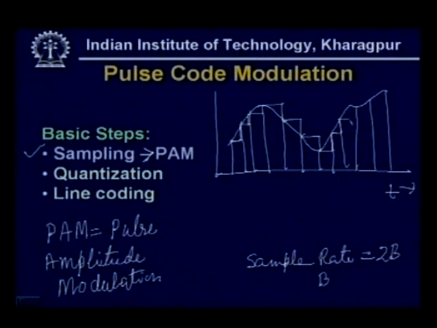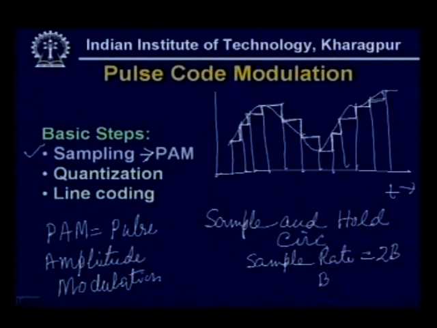In this way, you convert it into a signal, and this signal is known as PAM. That means, this signal that we have obtained after sampling and then holding it for the next duration is produced with the help of a hardware known as a sample and hold circuit. And the signal generated at the output of the sample and hold circuit is known as PAM.